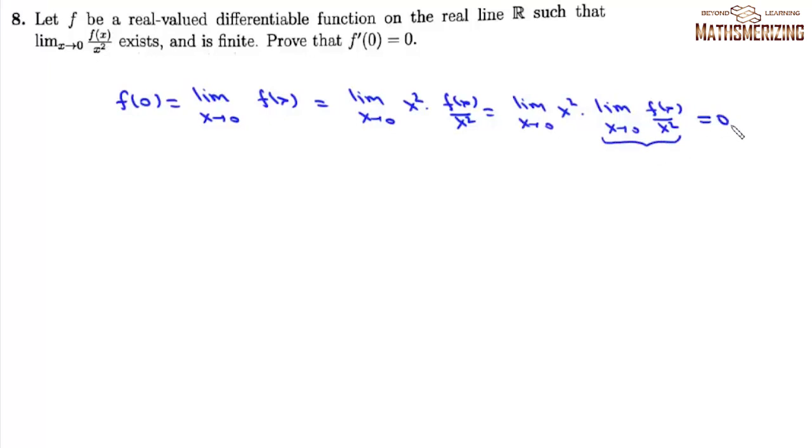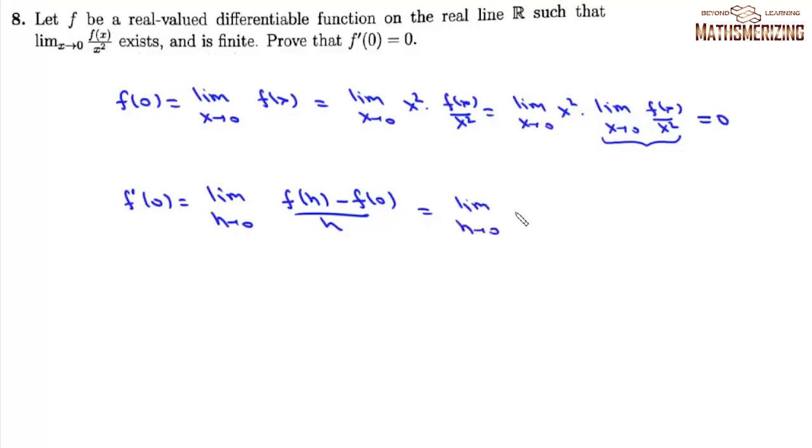So the value of f(0) is 0. Now if f(0) is 0, we can find f dash 0 as this limit h tends to 0 f(h) minus f(0) upon h. Now f(0) is 0. So we can write this as limit h tends to 0 h into f(h) upon h square. Now f(h) upon h square is finite and h is 0.